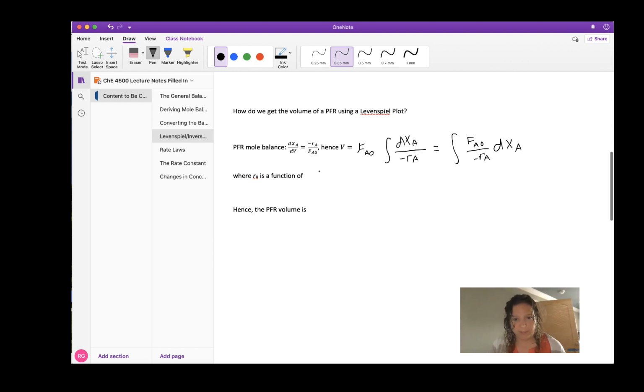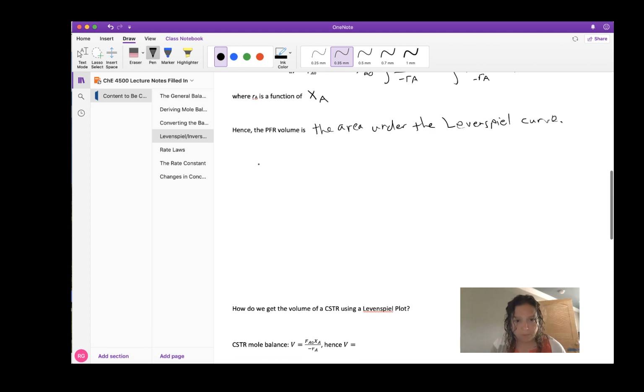Here, let's fill in these notes. rA is a function of XA. Hence, the PFR volume is the area under the curve.